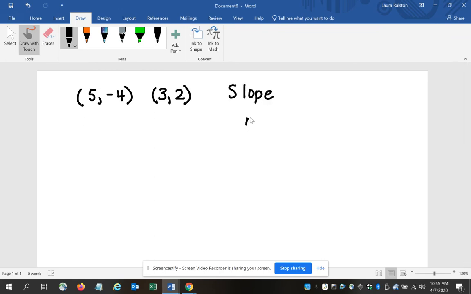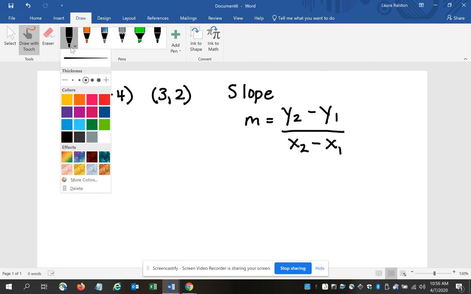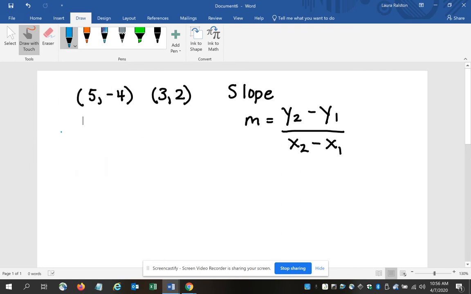I hope you took the time, if you didn't know it from memory, to look up your slope formula, which is m equals y2 minus y1 over x2 minus x1. And x1, y1 represents one of the points, and x2, y2 represents the other point. So I like to label my points: x1, y1, x2, y2.